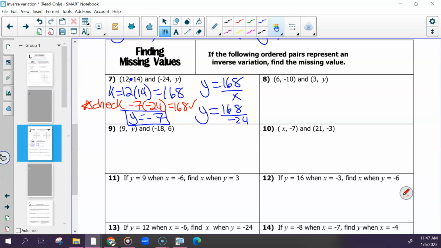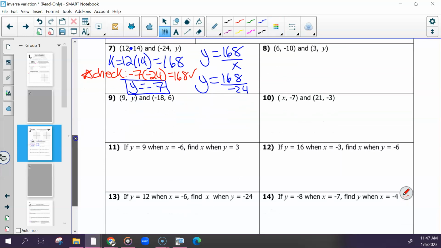Move on to number 10. Look at the numbers that you have together, so 21 and -3. We multiply those together. What is that? -63. Put that into your equation.